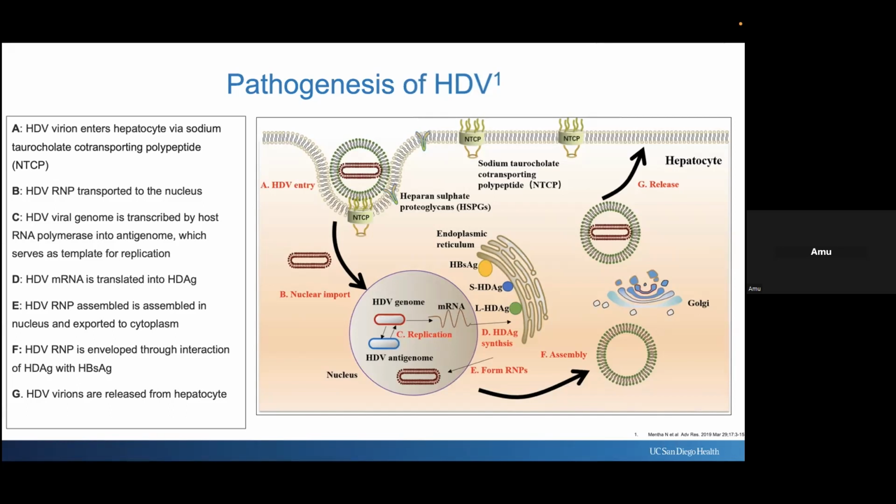And so far, the formation of the hepatitis D RNA antigen complex has not really required hepatitis B at all. However, the virus cannot exit the hepatocyte or infect other hepatocytes without a lipid envelope that consists of hepatitis B surface antigens.